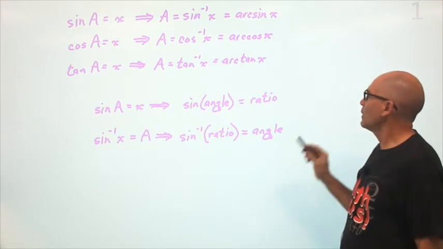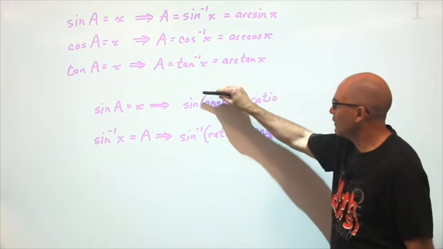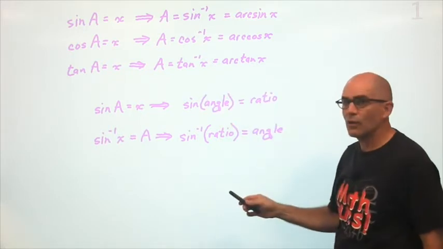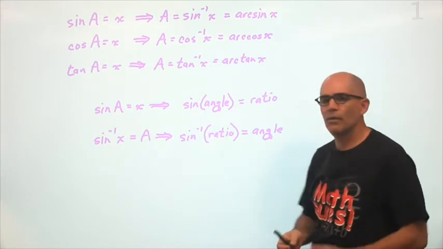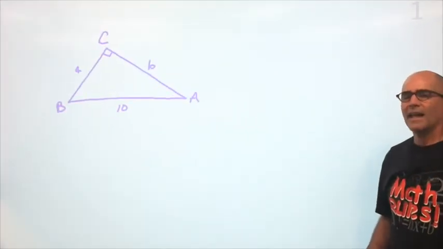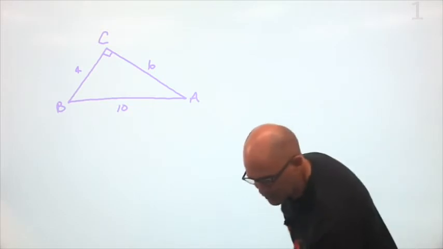So if I'm looking for a ratio of sides, I'm taking the trig function of an angle. If I'm looking for the angle, I'm taking the inverse trig function of a ratio. Okay, let's move on. Okay, last example, and this one is maximum juice.